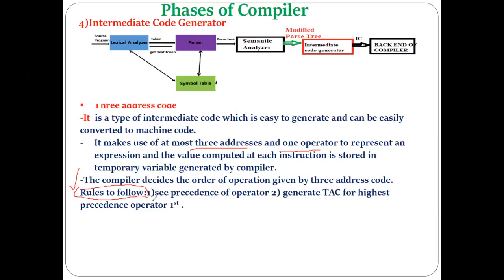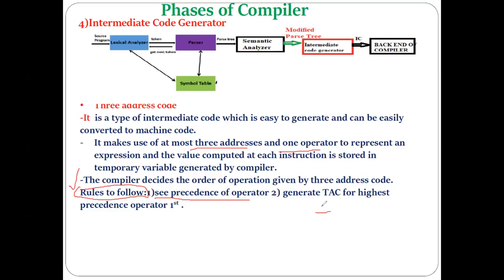Two important rules are there. When the three address code for a particular expression has to be generated, the first rule to be followed is nothing but the rule of precedence of operators. We will discuss this in the example, so just keep the rules in mind. What rule has to be followed? The precedence order of the operators, the priority of the operators.